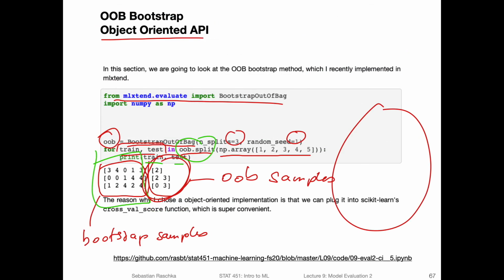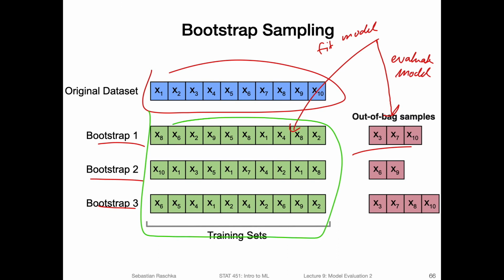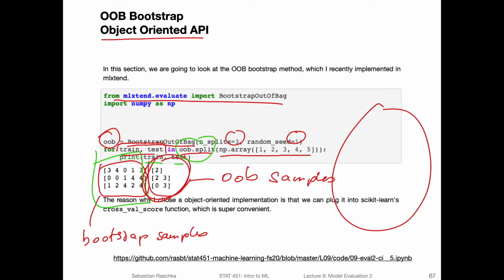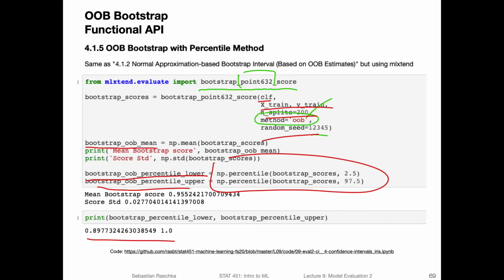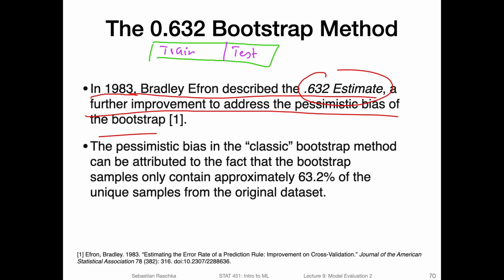If I go back here, we have these training subsets and the out-of-bag samples. So there are out-of-bag samples that are not included here in the Bootstrap round. In that way, the estimate for the model may be lower compared to how it would perform if it was fit to the whole training set.